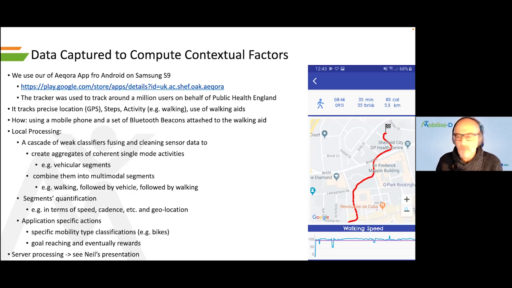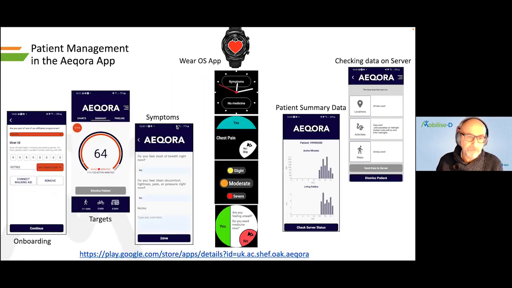And then we quantify and qualify these segments in terms of walking speed and so on. We do it using the mobile phone sensors that are not as good as the others, but we still do it locally. And then the data is sent regularly to the server. It's typically sent once a day or every time we recharge the phone.